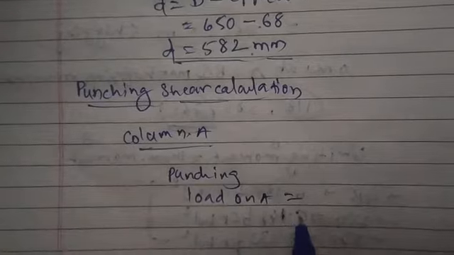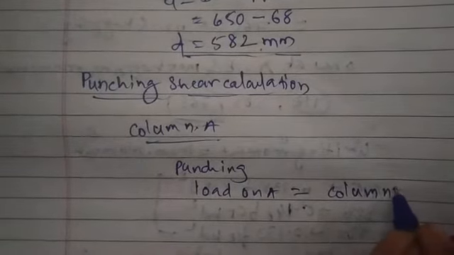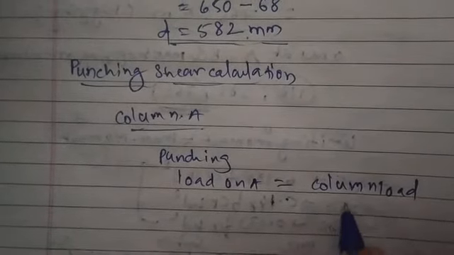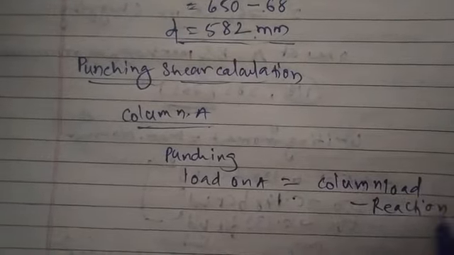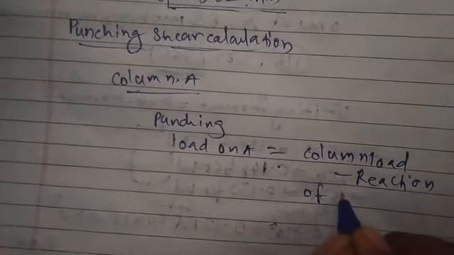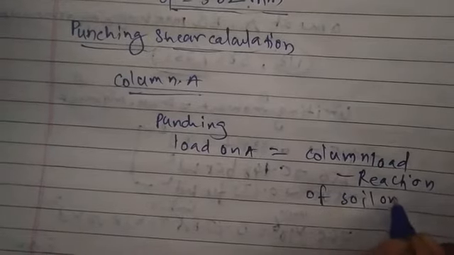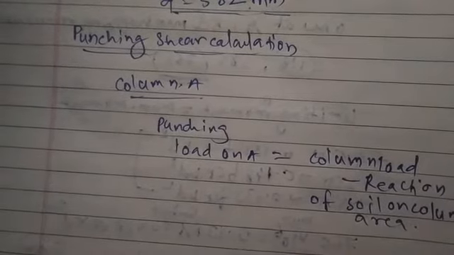So it will be equal to column load minus reaction of soil on column area. So this will be the formula.